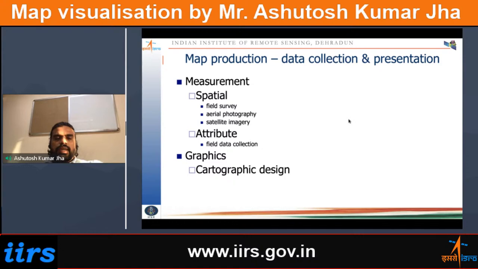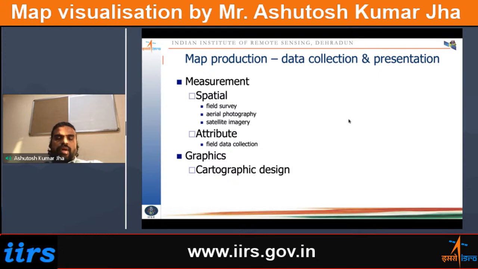So in a nutshell, we can say that generally map production will require some kind of data collection. Those data collections or spatial data sets may come from different surveying, or directly by carrying out surveying at particular locations. Then you also attach an attribute, which can be combined together.